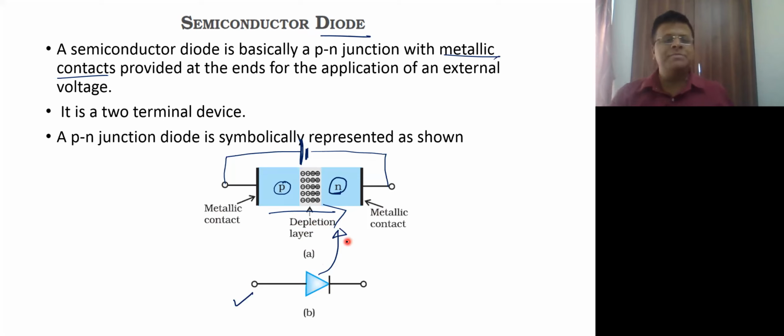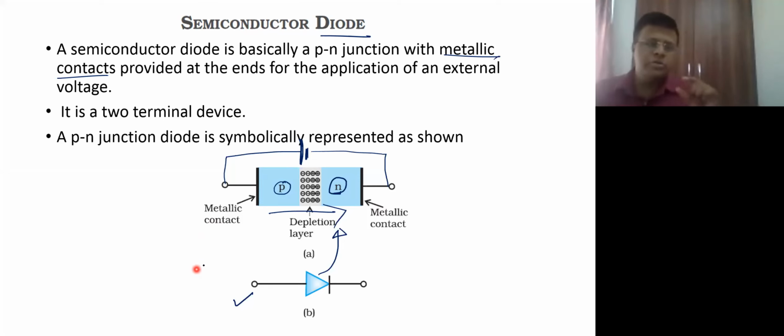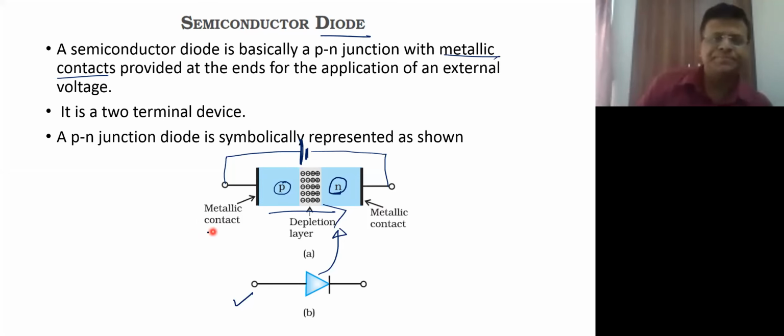In fact, we have some objective questions where you could be given different symbols and you'll have to recognize the symbol, because there are going to be many electronic devices which we'll study in this chapter, like the photodiode, then the Zener diode, then the transistor, and many other devices. All of them have different symbols, so we should not get the symbols mixed up.